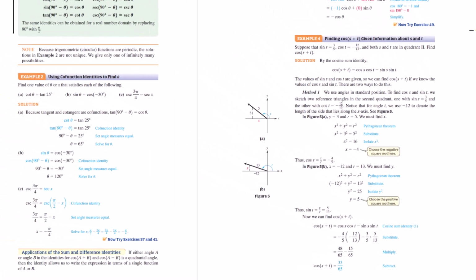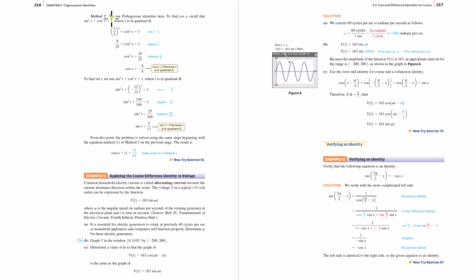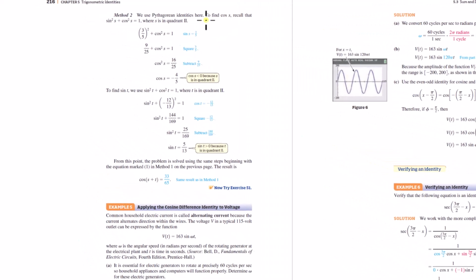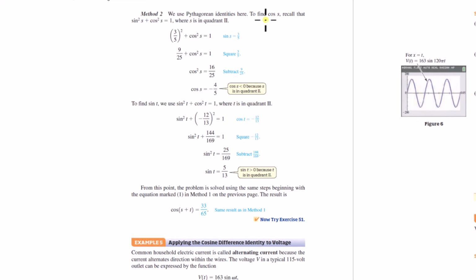All right. Now they use another method with Pythagorean identities. So all we're trying to do is find cosine s and sine t, because we already have cosine of t and sine of s. Since we have a cosine value and a sine value, we can use the Pythagorean identity of sine squared plus cosine squared is equal to 1.